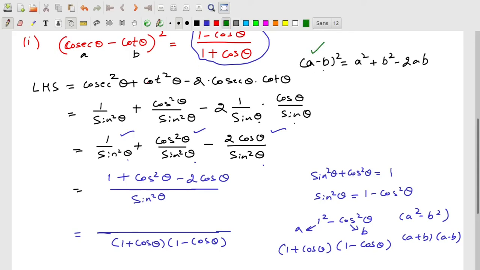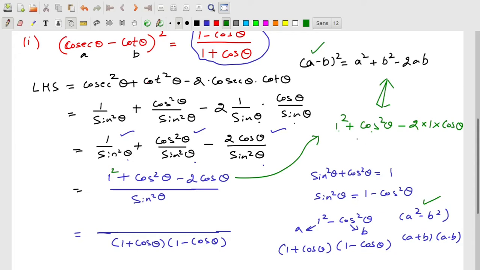This is our first identity, this is our second identity, algebraic identities, and then here we know that this 1 can be written as 1 square, and then we have cos square theta here minus 2 cos theta. So can I write this expression as 1 square plus cos square theta minus 2 into, this is your a, 1, and this can be taken as b, cos theta. Now compare these two.